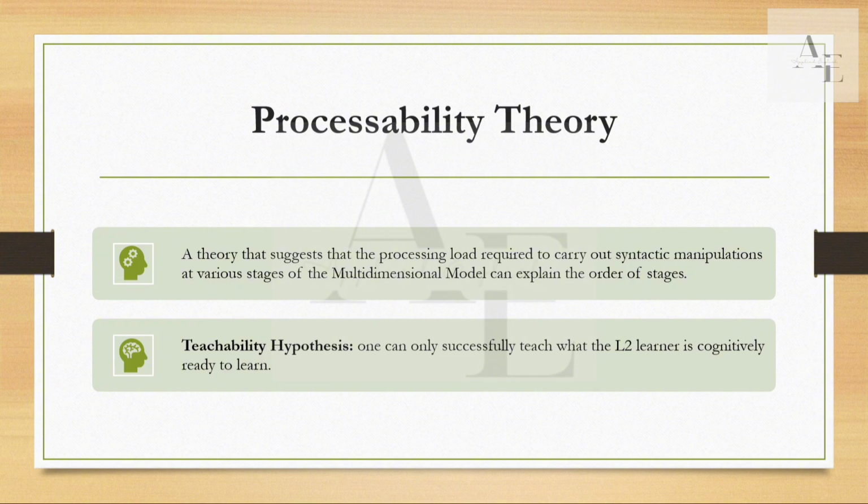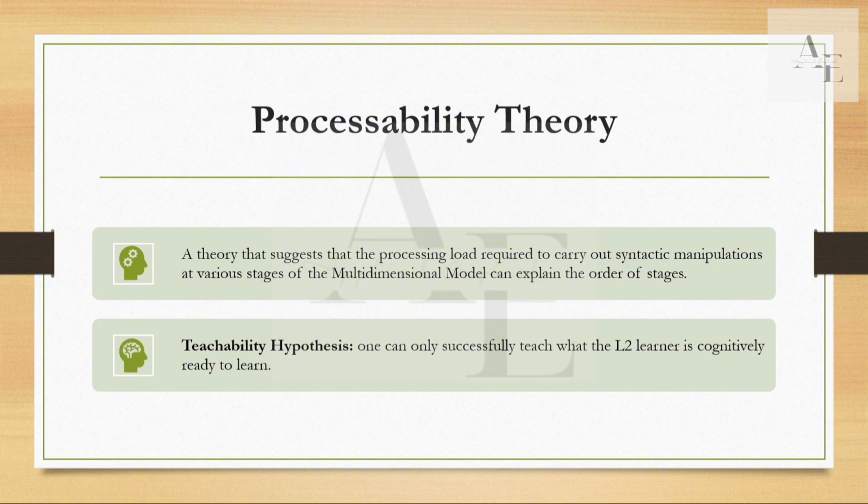And from this theory and the multidimensional model, they come up with the teachability hypothesis. One can only successfully teach what the L2 learner is cognitively ready to learn. Even when teaching, we can't teach stage 5 before teaching stages 1 to 4.